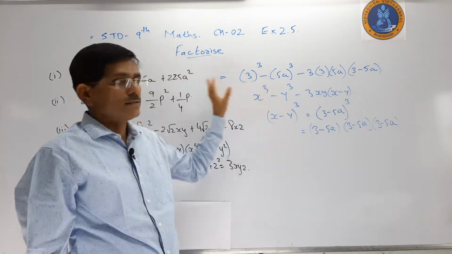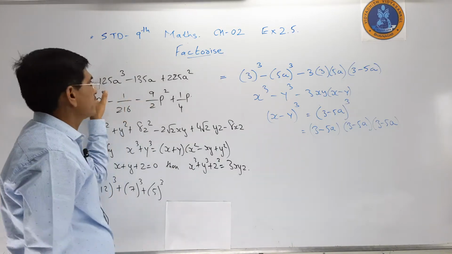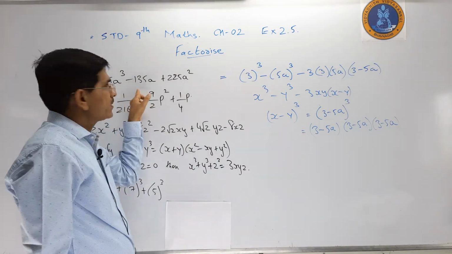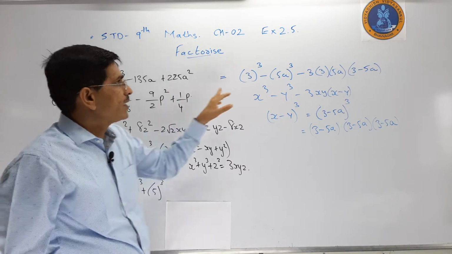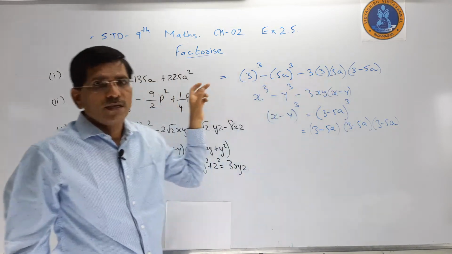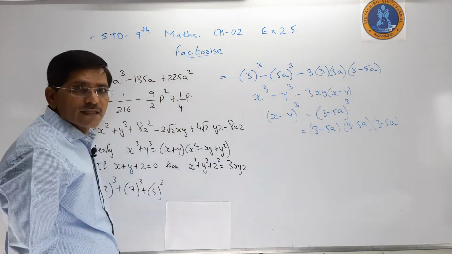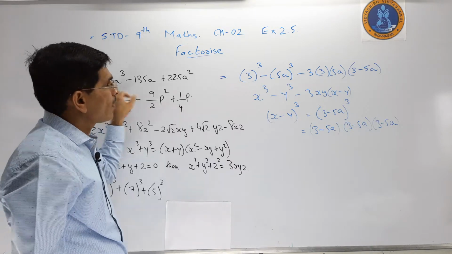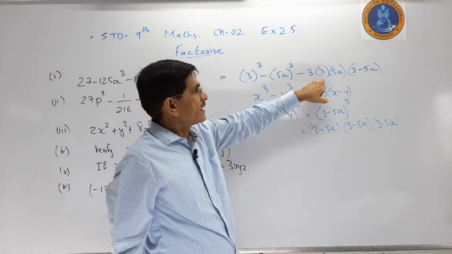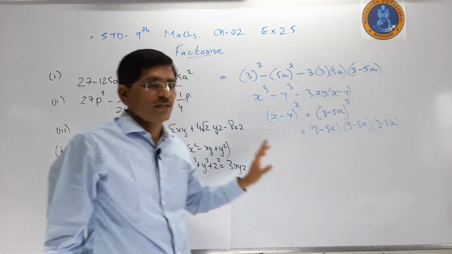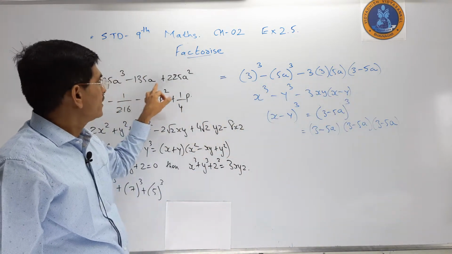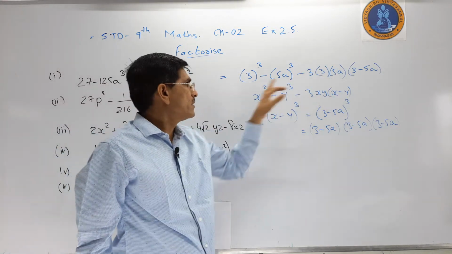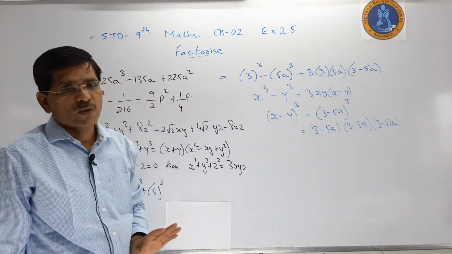So one question, that is 27, 125, 135 and 225. Now if I open this equation, it will be 27, that is 3 cube, 5 cube 125, minus 3 3s are 9, 9 5s are 45, 45 3s are 135. So minus 135a plus 225a square.